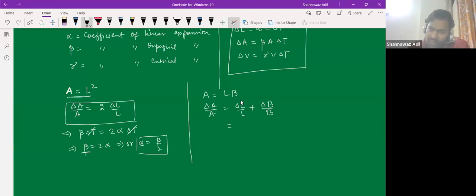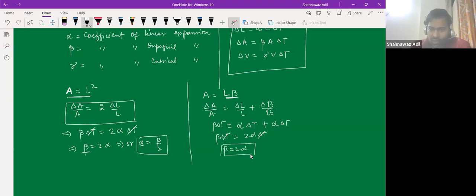So we know that this is again linear expansion, so this would be alpha delta T, and this is again linear expansion, so again alpha delta T. So again we will get this 2 alpha delta T from here also, if the area is length into breadth. So ultimately we'll get the same result, beta as 2 alpha.